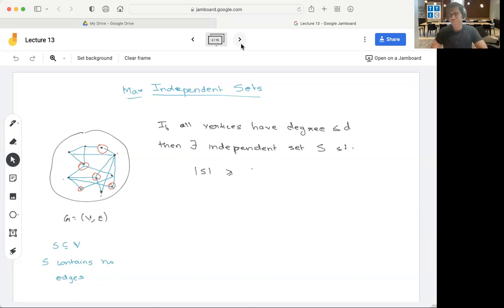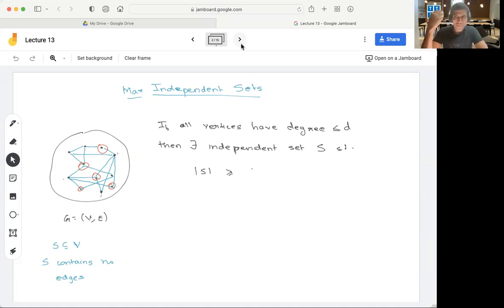I'm not sure if this is the maximum for this graph or not, but in general, it's an NP-hard problem to find the largest size independent set. And in fact, the problem is really notoriously hard to even approximate. So there are known results in terms of how hard this problem is to approximate.